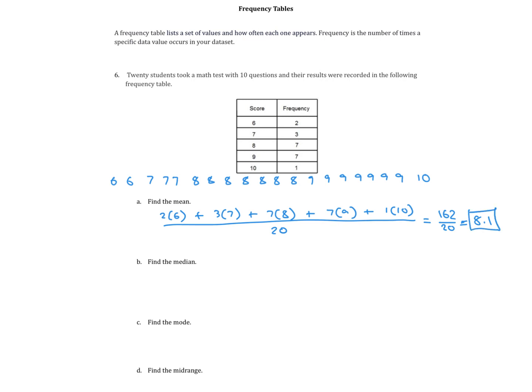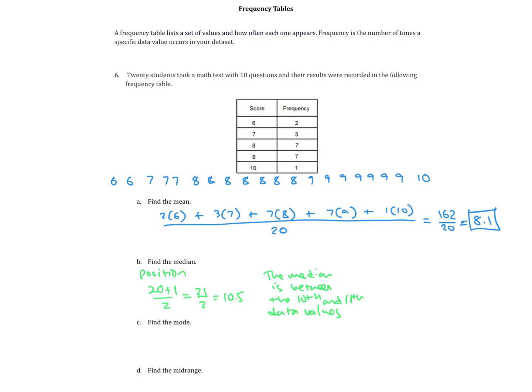Now for the median, since I did list them out, maybe I want to find it using my list. We can also use that position trick. So the position, since I have 20 numbers, I do 20 plus 1 divided by 2. 21 divided by 2 is 10.5. So that means the median is between the 10th and 11th data values.